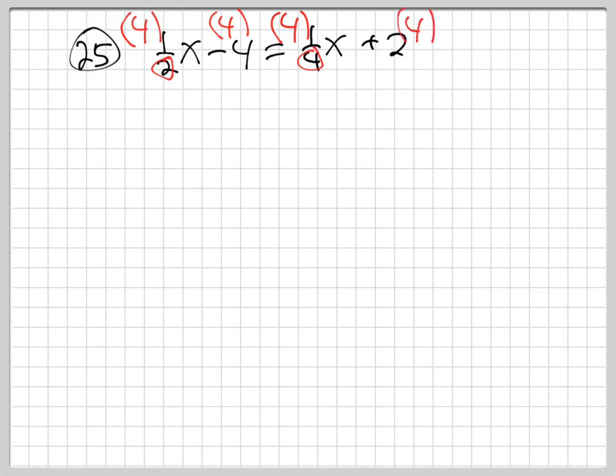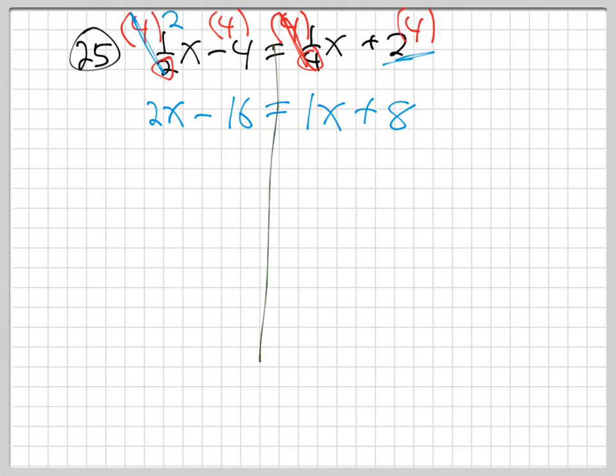That's the common denominator. Cancels here. Cancels here. 2 goes into 4 2 times. So we get 2x minus 4 times 4, 16, is 1x plus 2 times 4, 8. Okay. Now we're trying to solve for x. How do we get x alone?